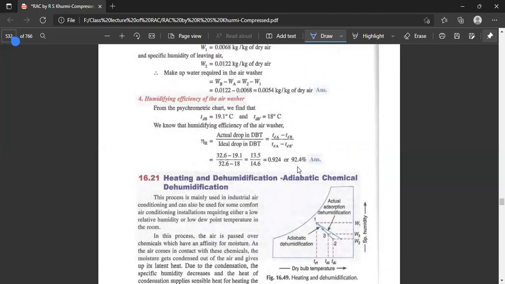The humidifying efficiency of the air washer is the actual drop in dry bulb temperature over the ideal drop, so (TDA minus TDB) over (TDA minus TDB dash). If you put this together and make the ratio, we get 94.4%, which is the humidifying efficiency of the air washer.